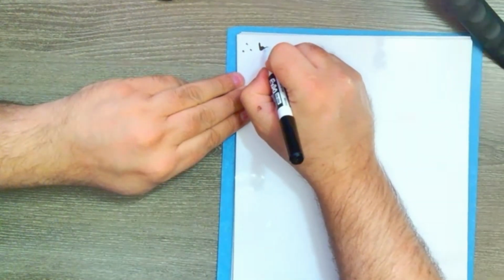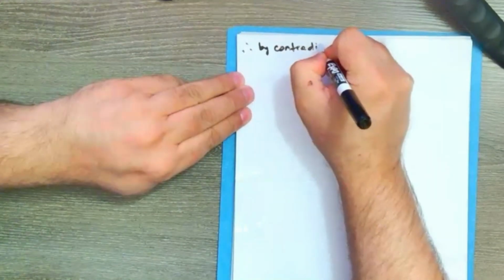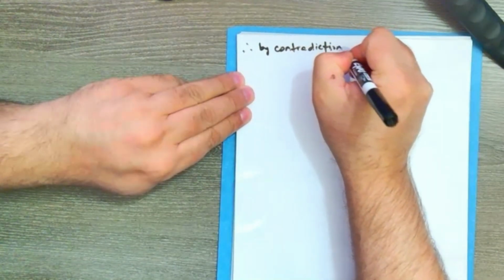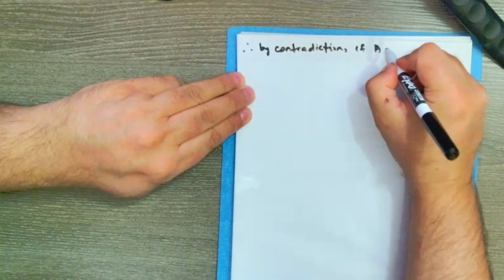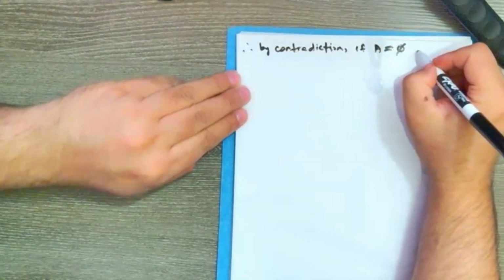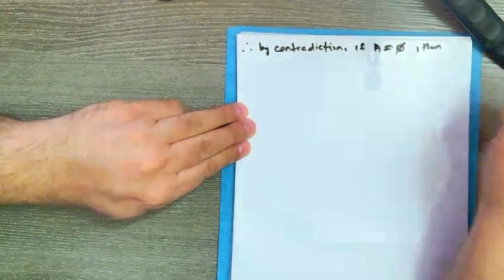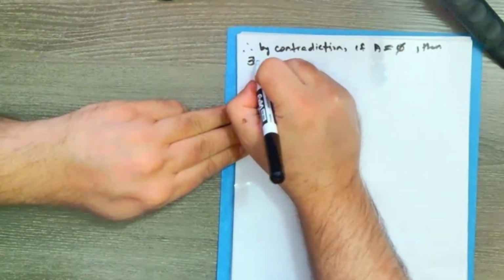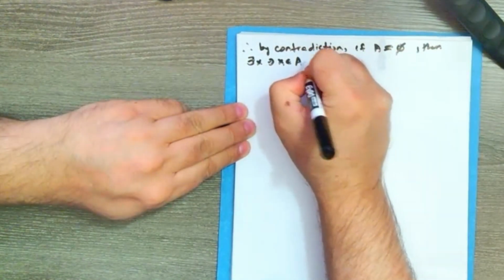And therefore, by contradiction, if A is a non-empty set, then there exists some element x such that x is in the set A.